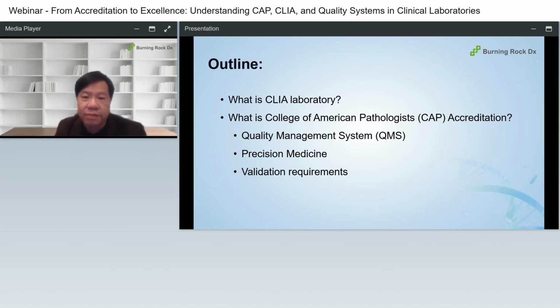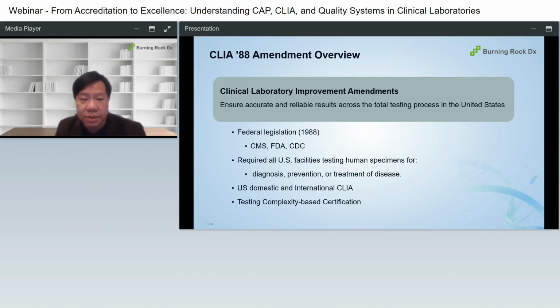So just a brief outline: clinical laboratory 101. The outline is what is a CLIA lab, and what is a College of American Pathologists accreditation, and also including the quality management system, precision medicine, and validation requirement.